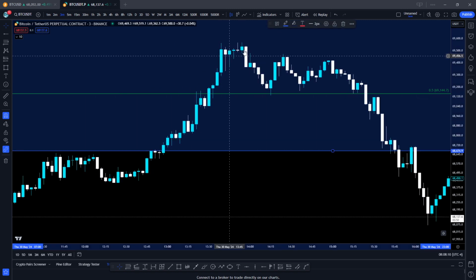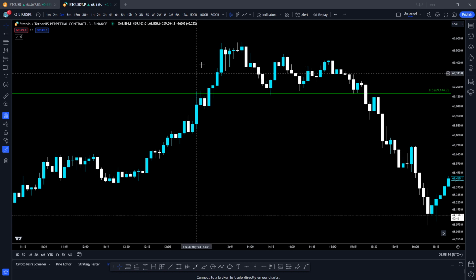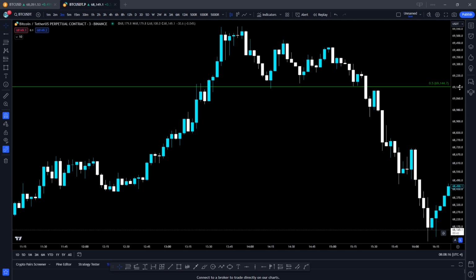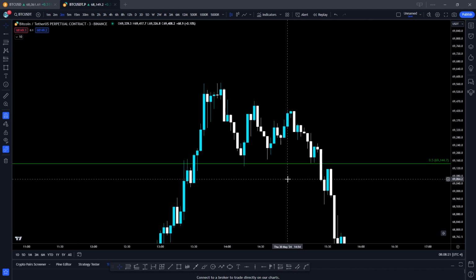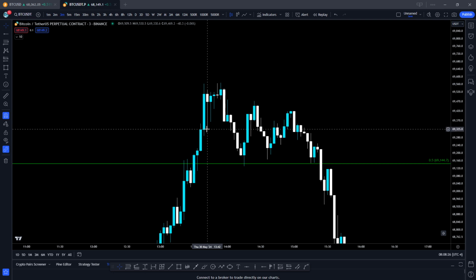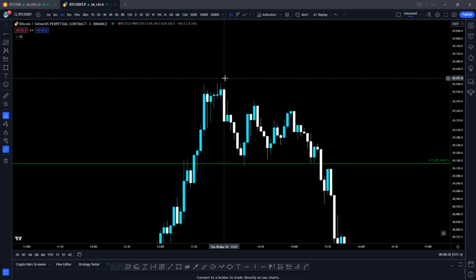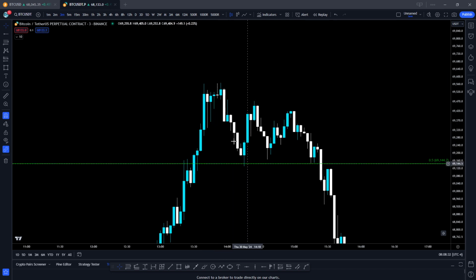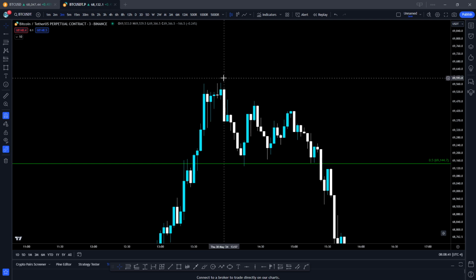So this is that move. We're coming up to the 50 percentile. We're back into premium, so we want to be looking for that shift in market structure. So we do have this low here and then this high. And then on the leg that takes out this low here, why am I taking this low? Because it's a down candle, and then it pushes higher.